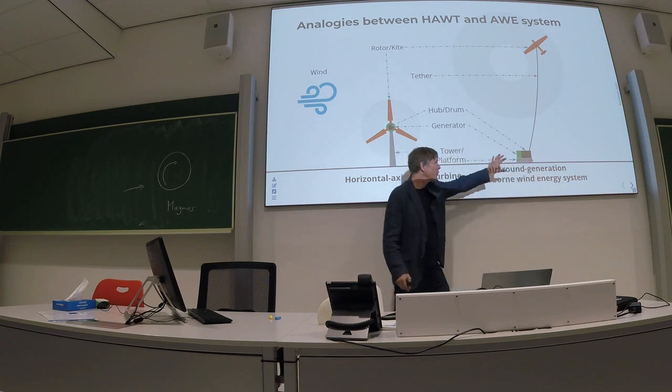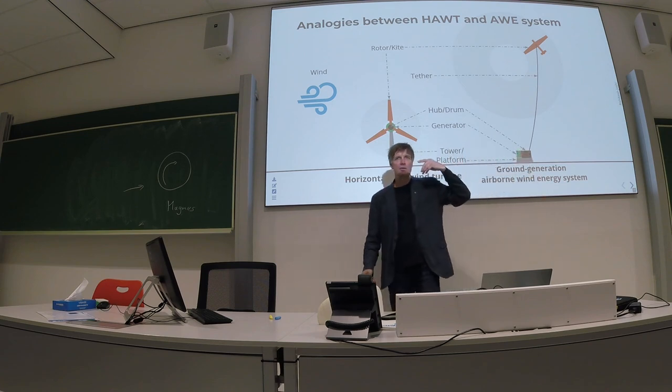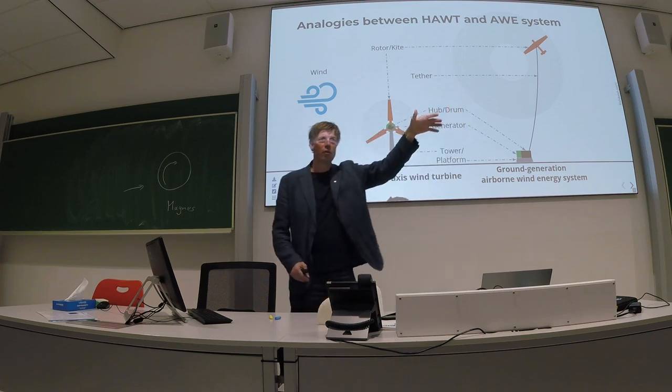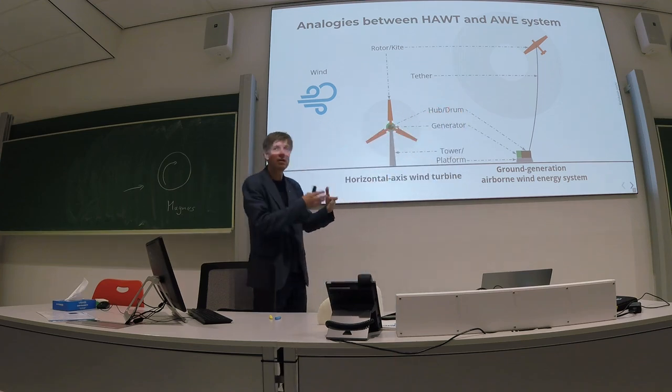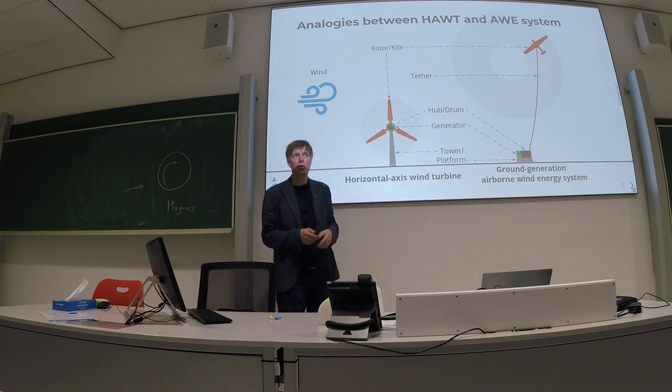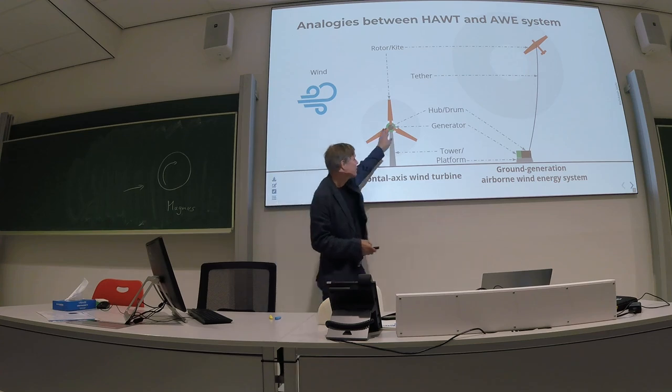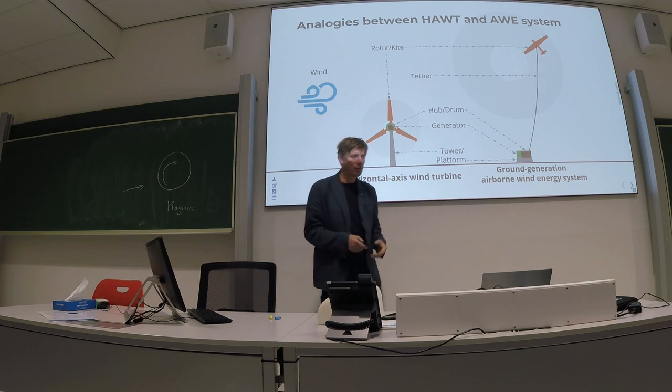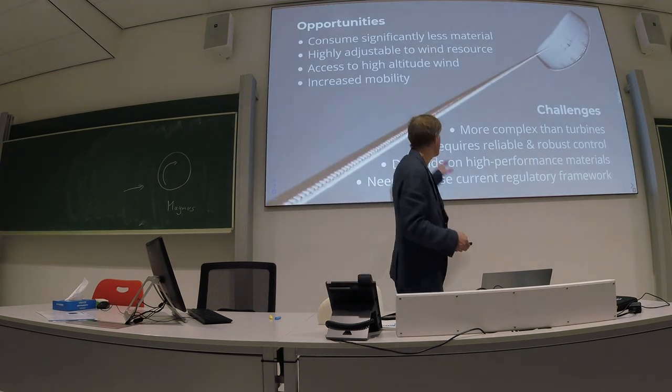If you only have this, you can imagine you just transport this somewhere or throw it off an aircraft and immediately you have energy. You cannot do this with a big turbine, even not with a small turbine. So the reduced mass argument has a big impact on the mobility.